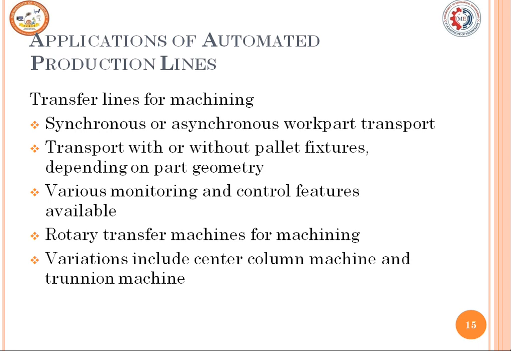How you transfer the part at the workplace has to be planned by the concerned persons in the industry so that the required type of transfer is achieved. When using an automated production line, one thing has to be kept in mind: there are so many types of production lines available. You have to decide what type of production line you want to install at the workplace, and install a suitable one so that your production targets are achieved.